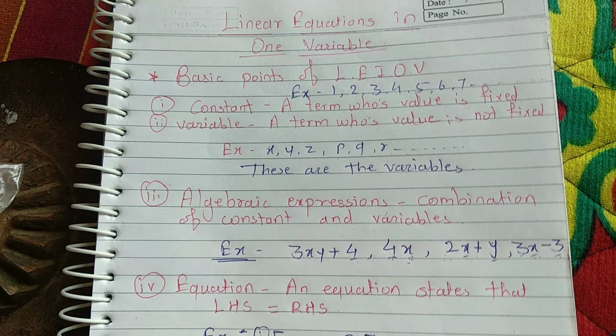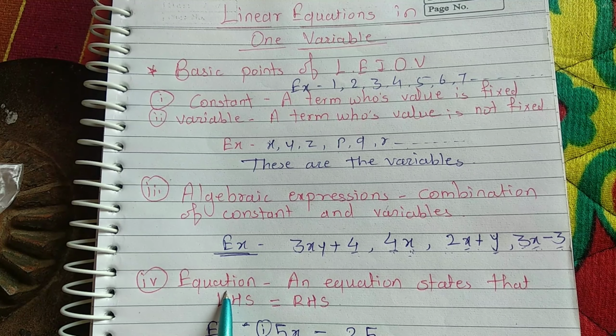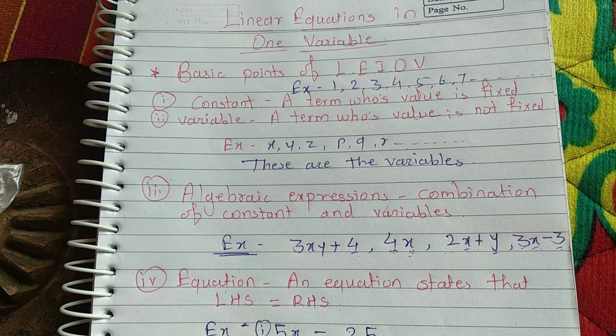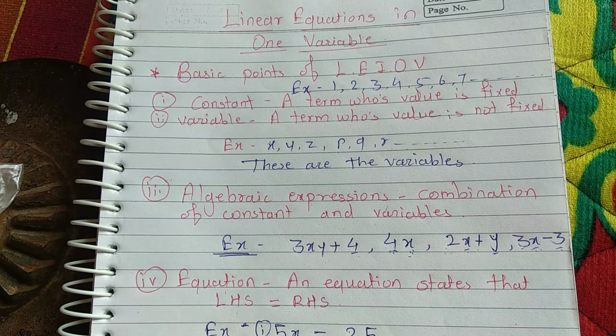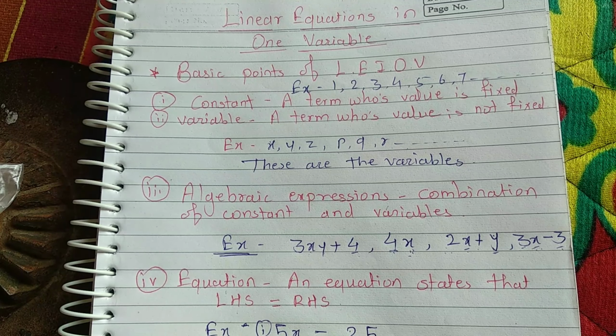Next point, equation. What is meant by equation? An equation states that LHS is equal to RHS. We will see one example. First example is 5x is equal to 25.